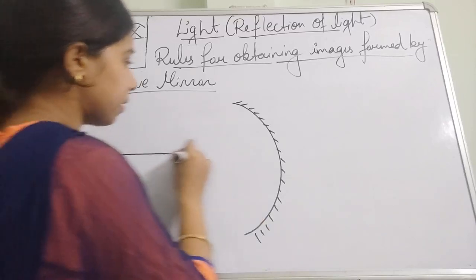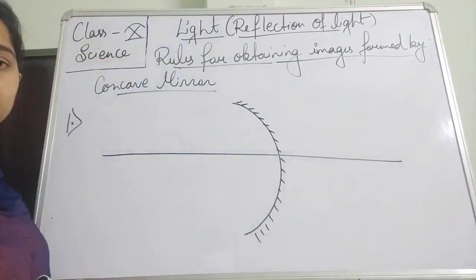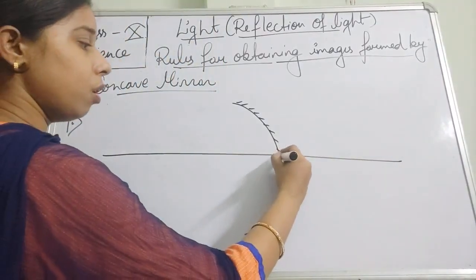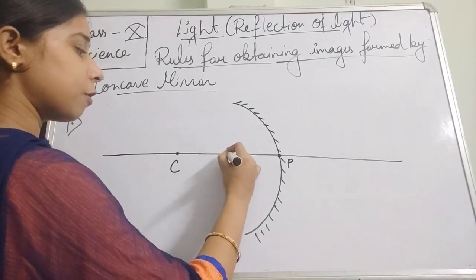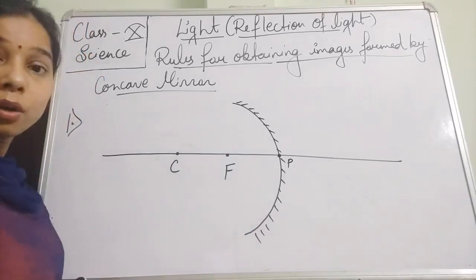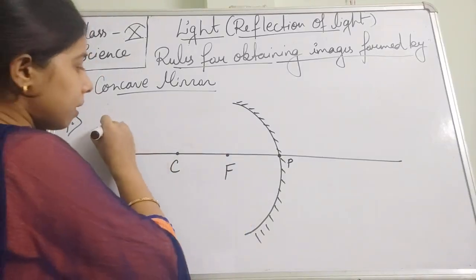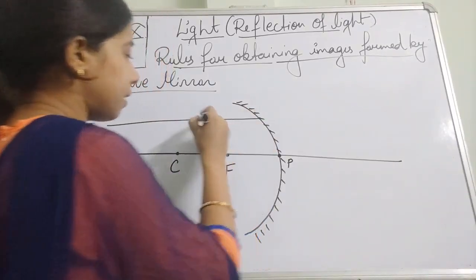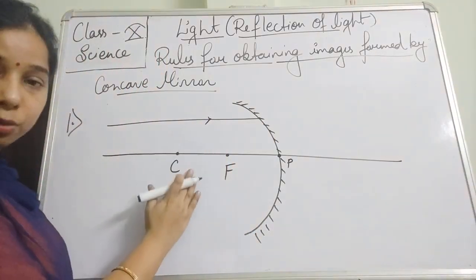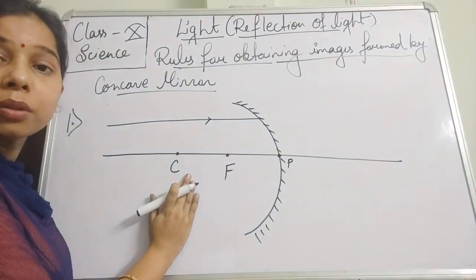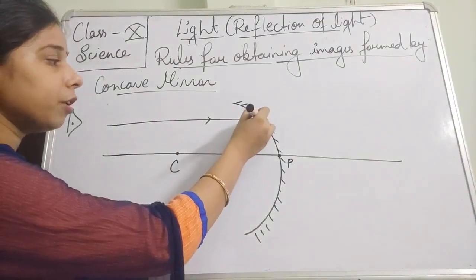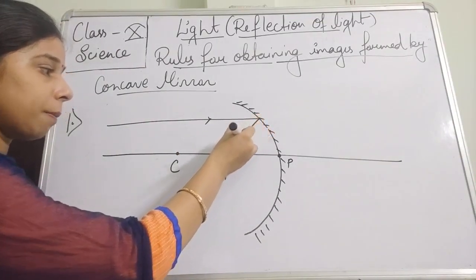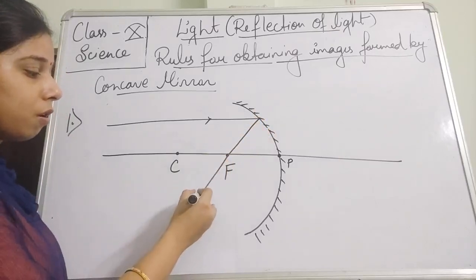This is the principal axis which passes through it. This is the pole. This is the center of curvature, and this is the focus. Suppose a beam of light parallel to the principal axis falls on the surface of the concave mirror. After reflection, it will pass through the focus.